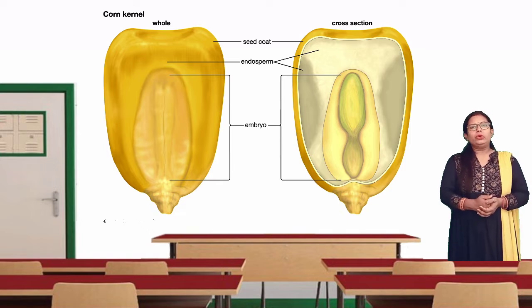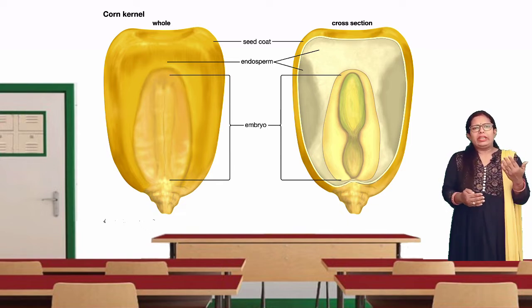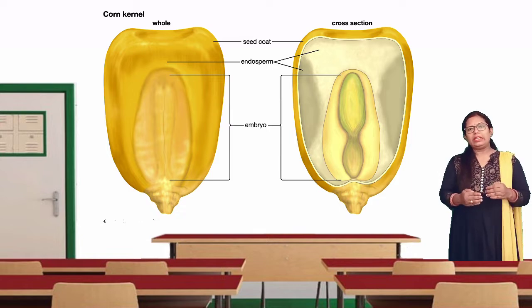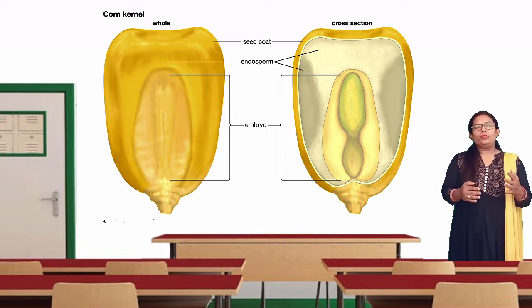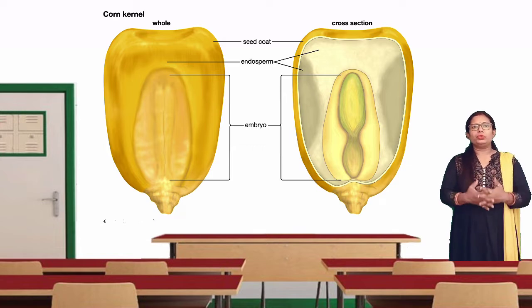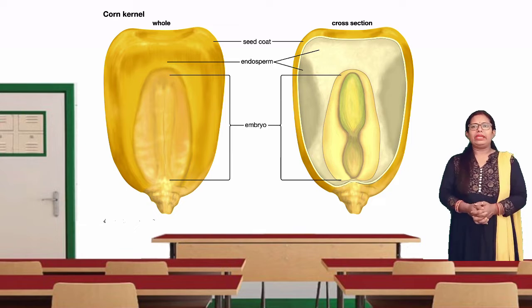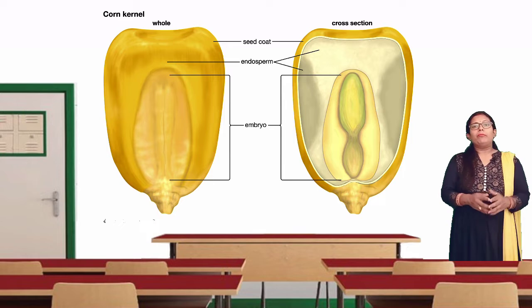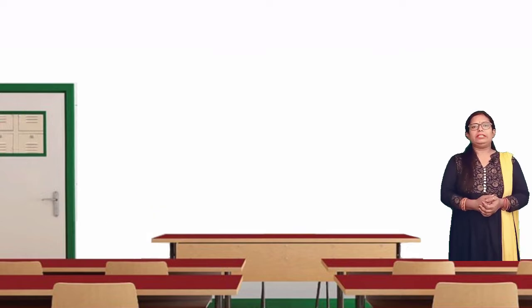Seed coat में. तो अब ग्रेन की अगर बात आती है तो ग्रेन इज द कॉम्बिनेशन ऑफ फ्रूट एंड सीड, because in grains the fruit wall and the seed coat are fused together to form a protective layer. Examples are maize, wheat.